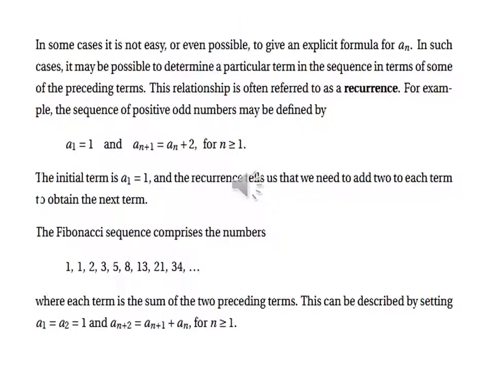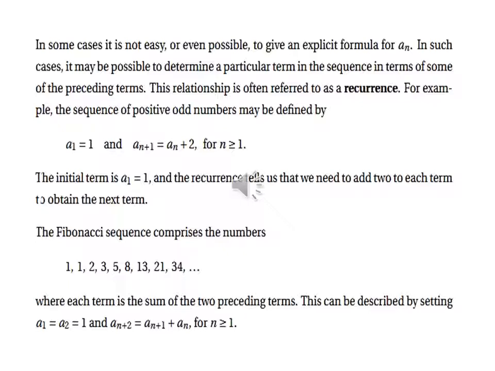In some cases, it is not easy or even possible to give an explicit formula for a sub n. In such cases, it may be possible to determine a particular term in the sequence in terms of some of the preceding terms. This relationship is often referred to as a recurrence.